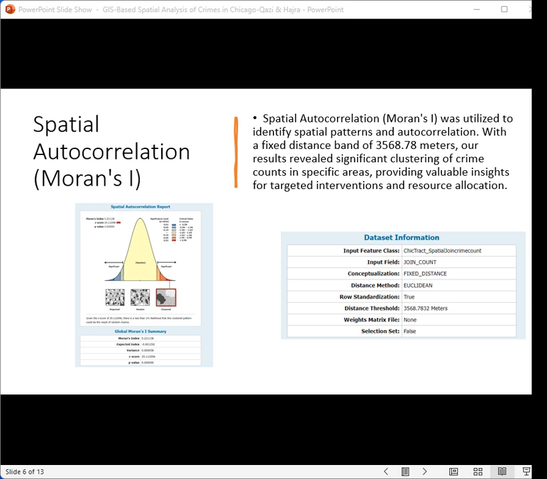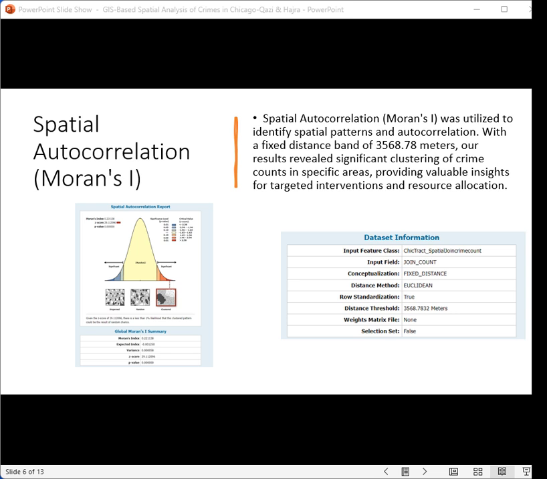Secondly, we use the spatial join tool to join the points of the crimes with the polygon shapefile of Chicago boundaries.